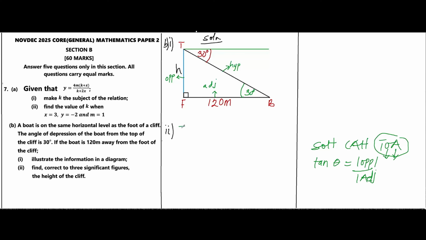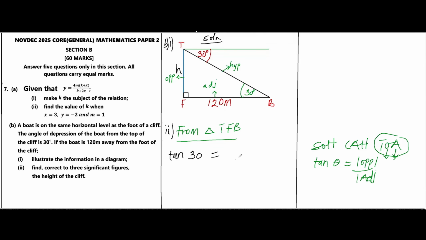So from triangle TFB, so that is the right angle triangle, we know that the tan of the acute angle, which is 30 degrees, is equal to the length of the opposite.